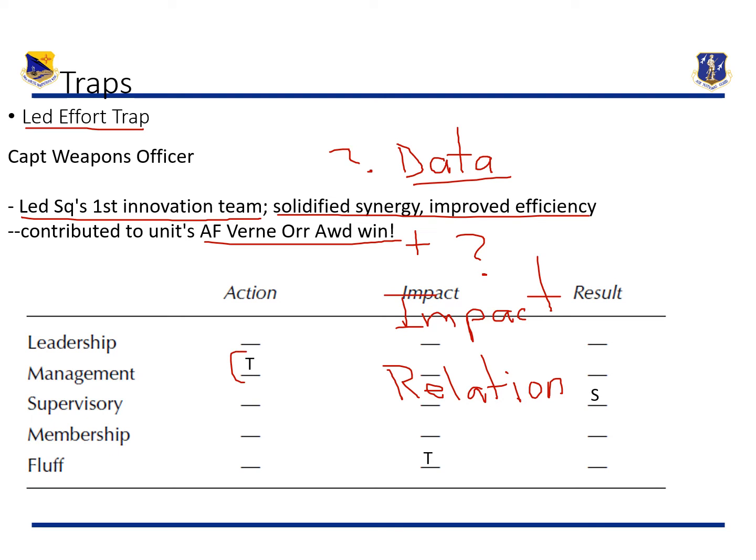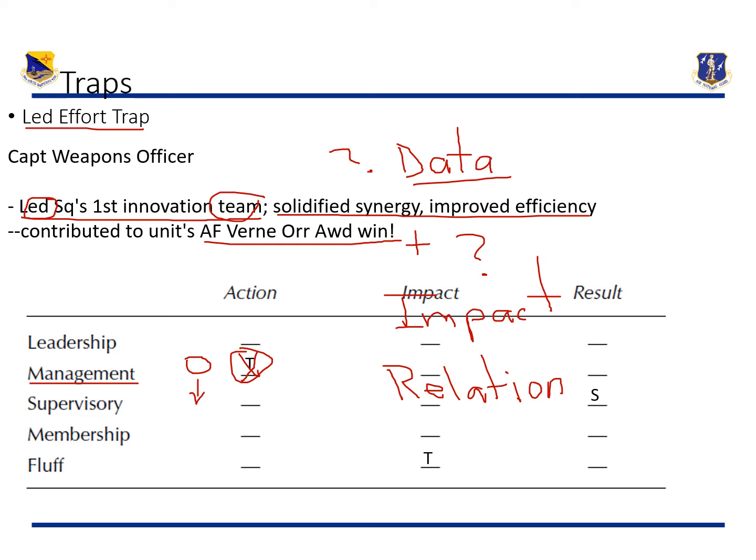We're off to a good start, even though I think going with the tactical level is probably incorrect again because we are leading a team. And as we discussed before in the performance levels, that is another type of operational action. And the management level, I think this is granting maybe a little bit too much.